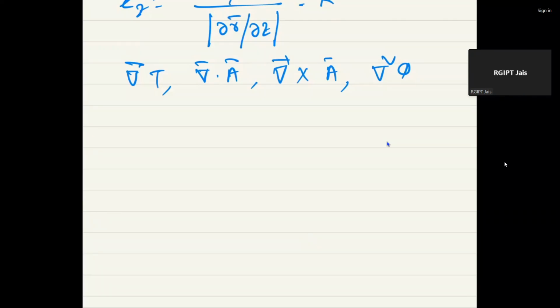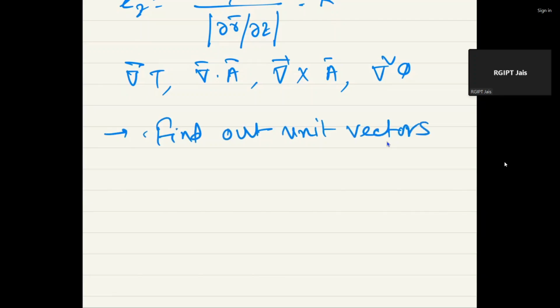So this way you can derive the unit vectors. I gave you an example for the cylindrical coordinate system. Similarly, you should find the unit vectors in the spherical coordinate system: E r cap, E theta cap, E phi cap.